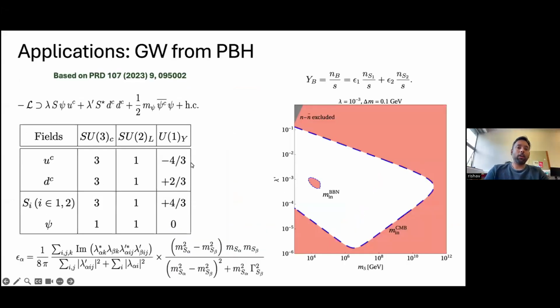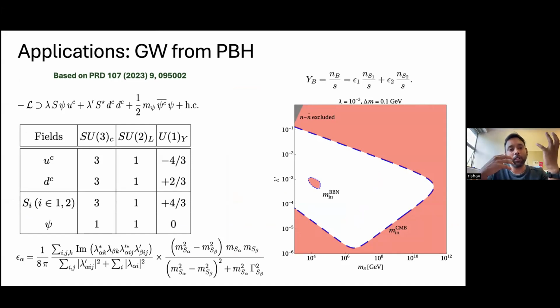Yeah, so as I said, we had these scalars that carried a colored charge, and one can show that these scalars are not in equilibrium at a certain stage. Since we did basically non-thermal baryogenesis, one can think of a scenario where these scalars are also in equilibrium.